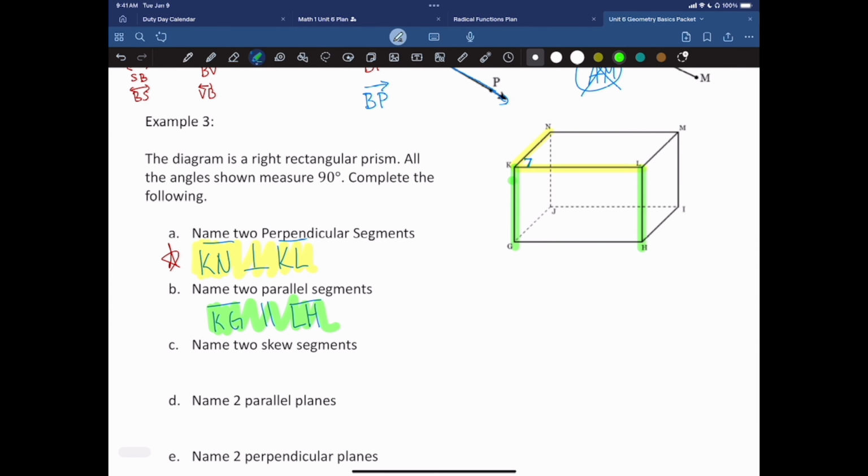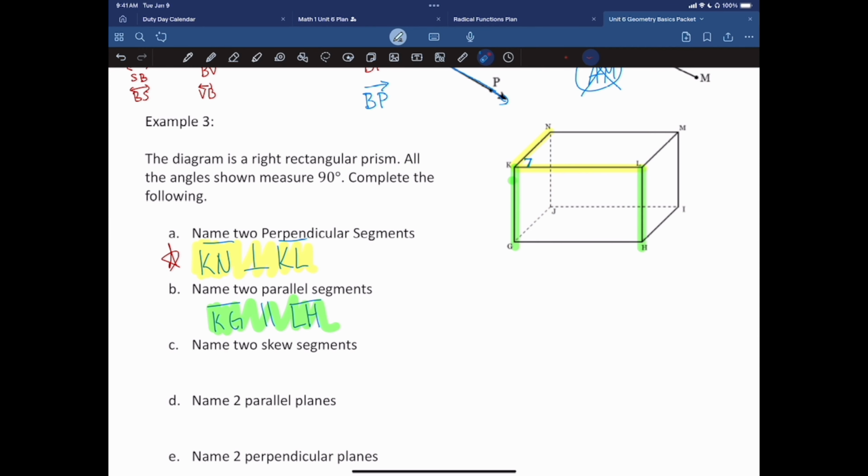This is the one I was trying to explain. It'd be a little easier in the classroom. An example of skew would be this line segment and this line segment. Or I could have done this line segment and this line segment. So they're not touching, right? See how this is going this way, this is going vertically. They're never ever going to touch, but they're also not on the same plane. So these are called skew.